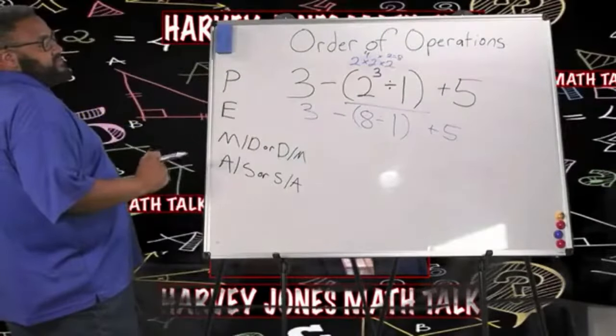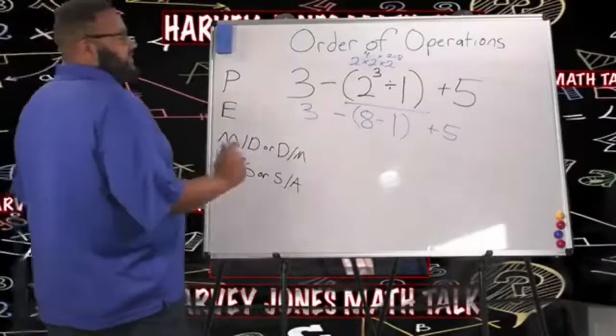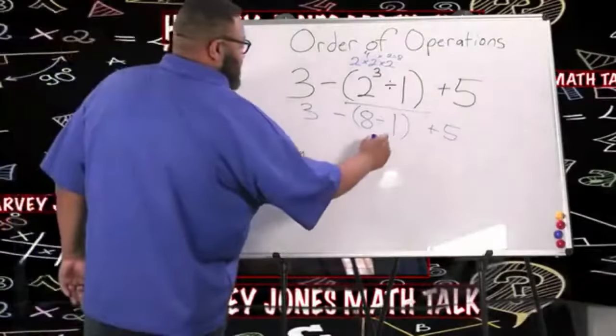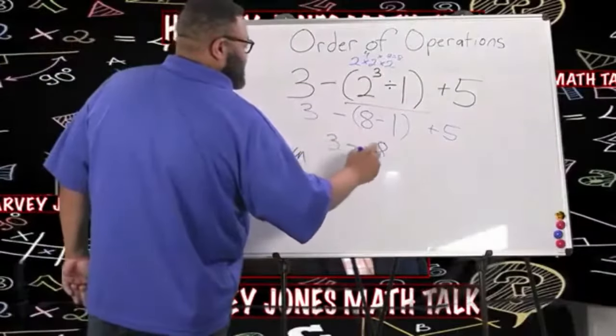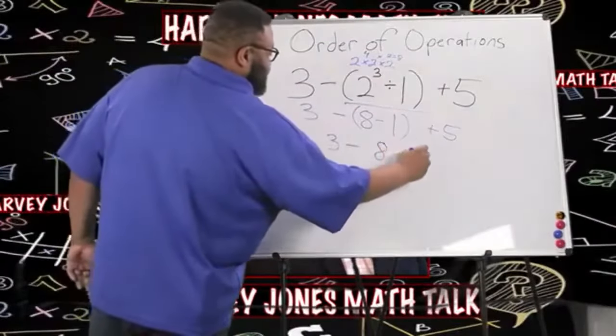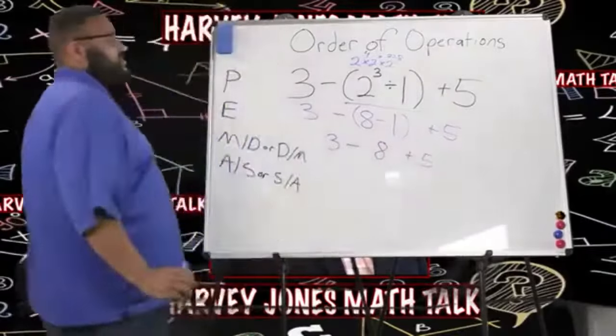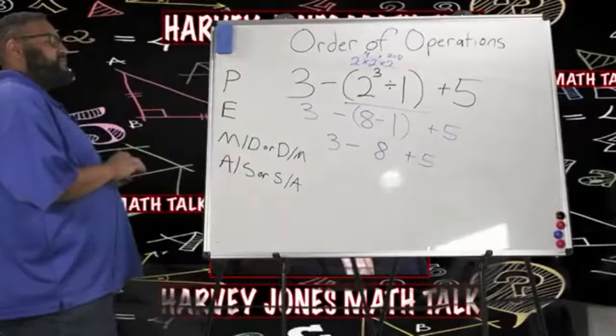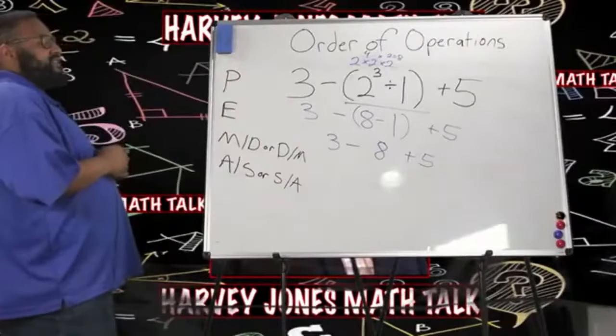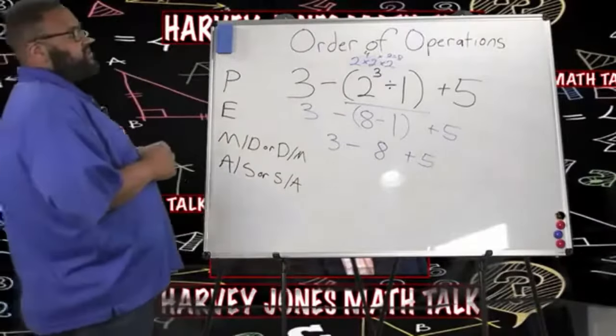Okay? 8 divided by 1 is just going to be 8. So I got 3 minus 8 plus 5. Okay? And I'm going to have an actual negative number here, and that's okay.